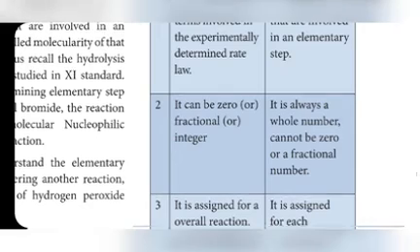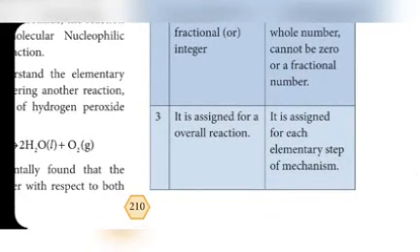At least one reactant species must be there in an elementary step, so it cannot be 0 or fractional. Third, order is assigned for the overall reaction, but molecularity is assigned for each and every single elementary step of the mechanism, not for the whole reaction. That is the difference. Thank you, students.